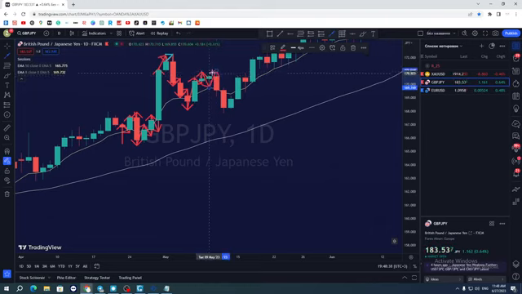Then it broke the structure, pullback, push, and this is the last pullback. I would say this is going to be our last high, and until this high is broken, because this candle didn't break this candle's low, that means we are kind of in the pullback, and the pullback broke this structure.